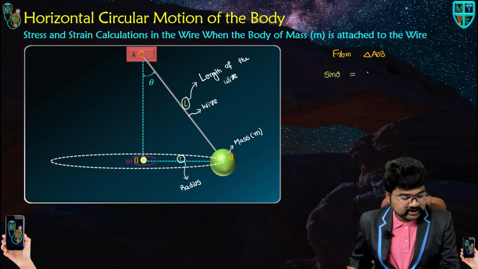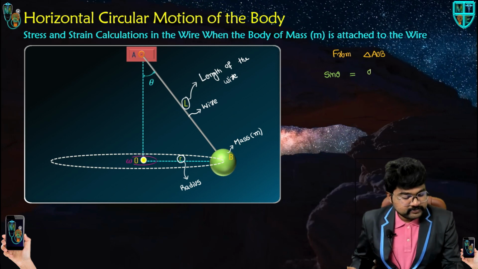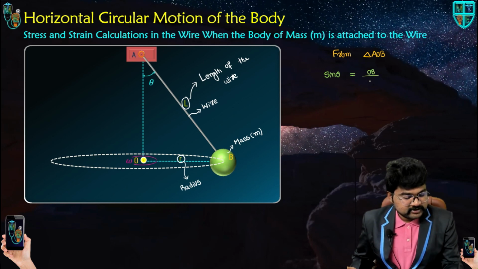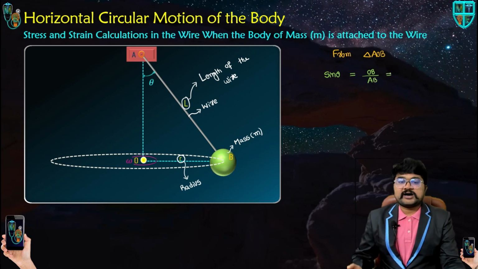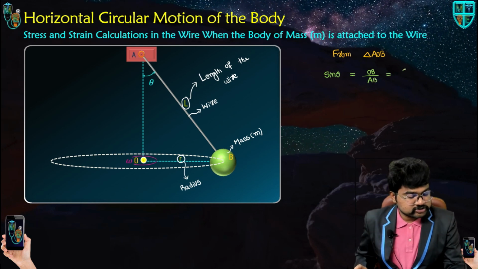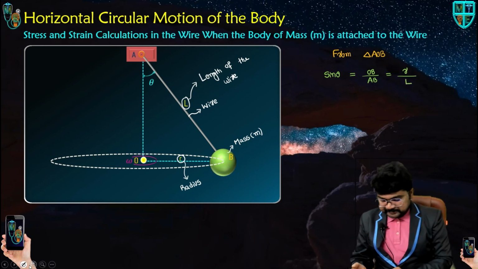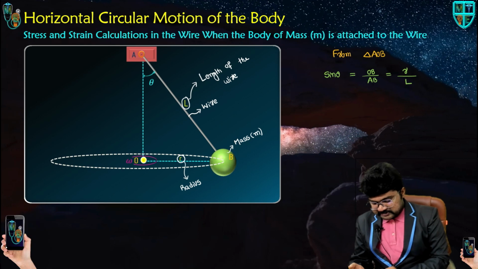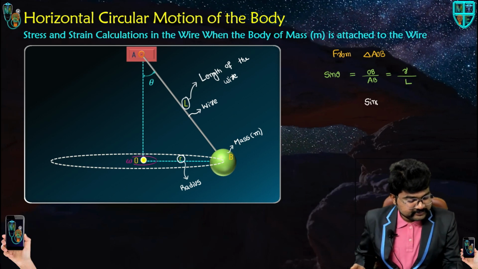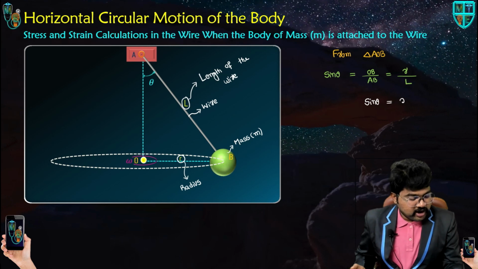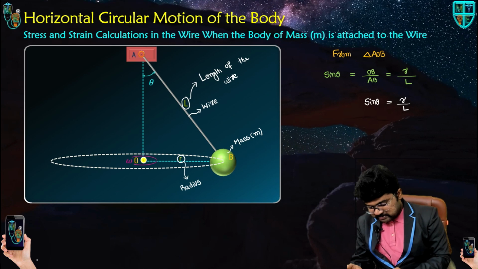Sine theta equals OB by AB. You can confidently say that OB is the radius of circular motion and AB is the length of the wire. So sine theta equals R by L.